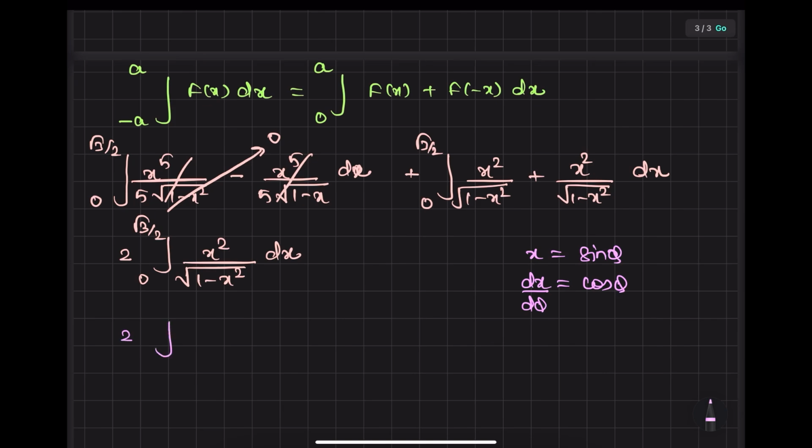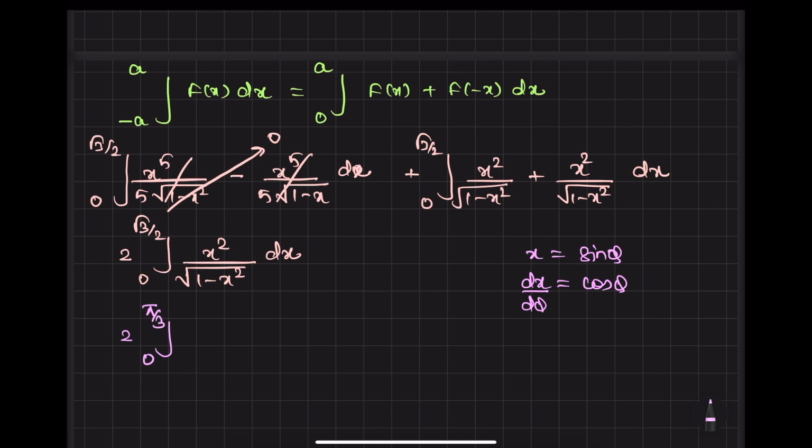If you take x as sine theta, your limits will change. If x is equal to 0, theta will become 0, since sine 0 is 0. Root 3 by 2 means sine 60 is root 3 by 2, so theta is pi by 3.